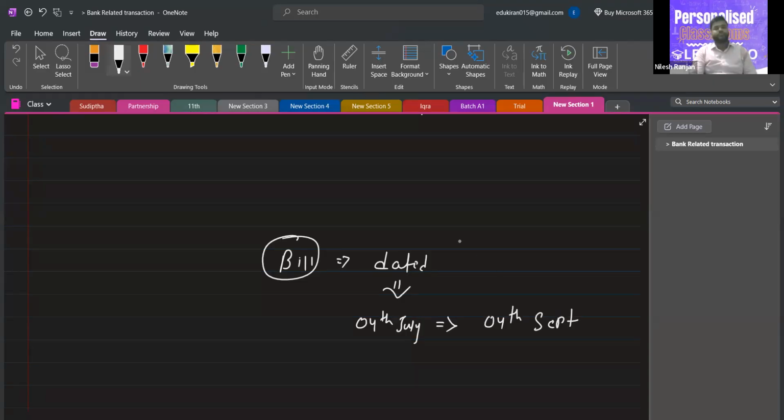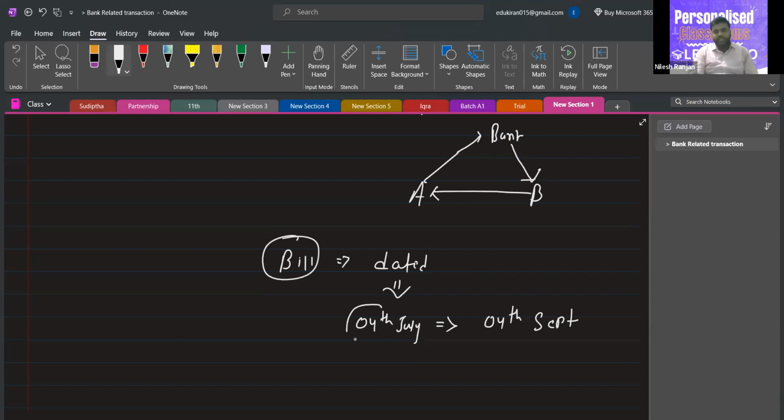So the bill process is this: B has given a bill to A, A goes to his bank and deposits this bill in the bank. Now on the due date, the bank goes to B to demand money.